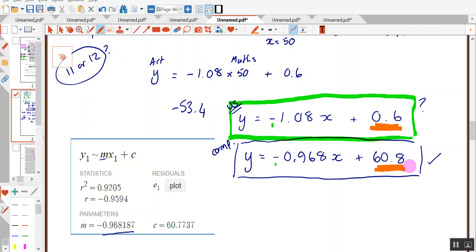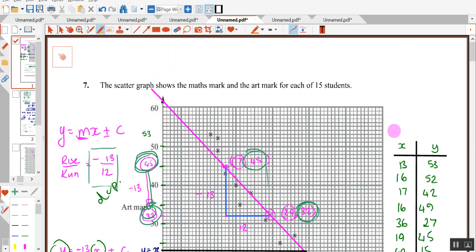Did anyone spot yesterday that the 0.6 probably was wrong? And think why? Well, if we have a look at the line... Because the line is negative. It's got something to do with the negative thing. Sam?